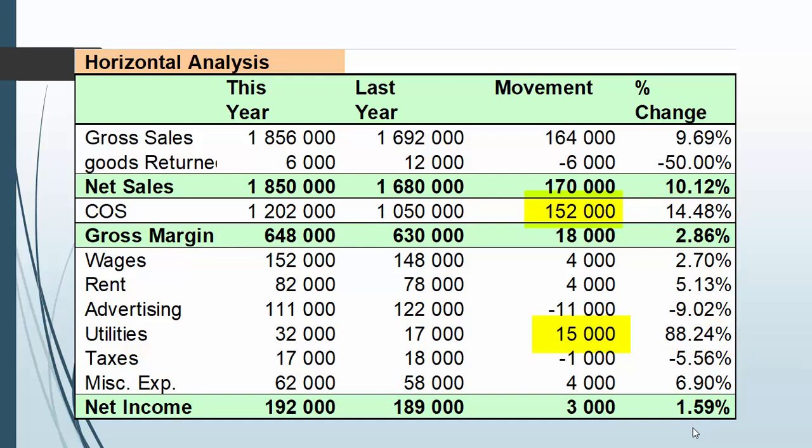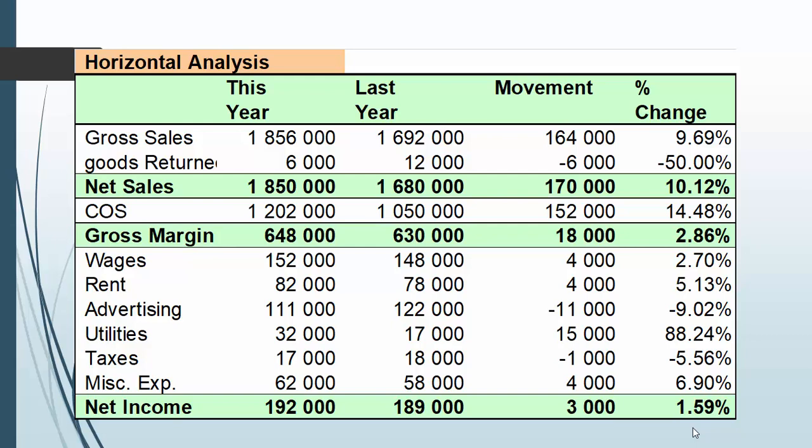So yes, it's a big percentage, but it's only 15,000. Your cost of sales is a smaller percentage, but it's 152,000, but it's still bigger than your sales, so it's a problem. So even if I have no idea what this business does, I can see that its problems lie a little bit with utilities, but it's off a low base, but it definitely lies with your cost of sales.